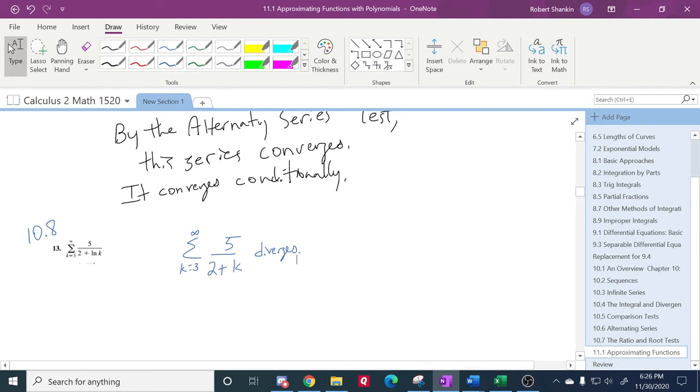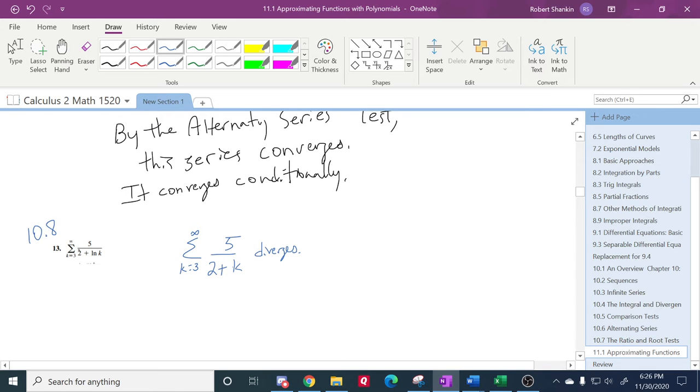Okay, and now if you tried to think of the integral test on this, you'd have to set your u to be 2 plus ln k, but then you'd get a 1 over k.